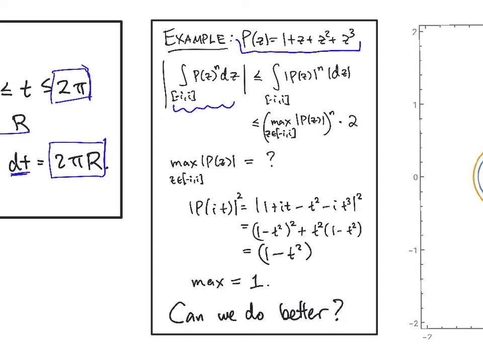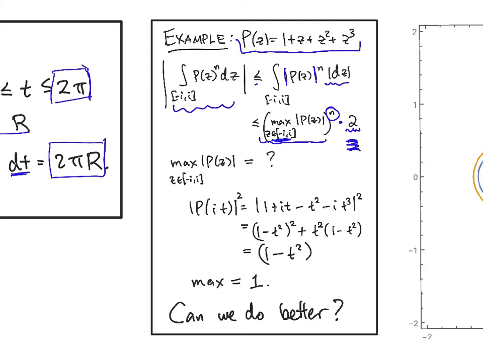So this is less than or equal to the integral of the modulus of p to the n, using an arc length integral. And so I could bound this by the maximum of p on the line segment to the nth power times the length of the line segment, which is just 2.